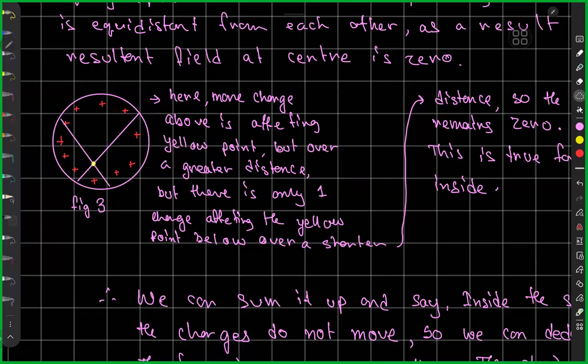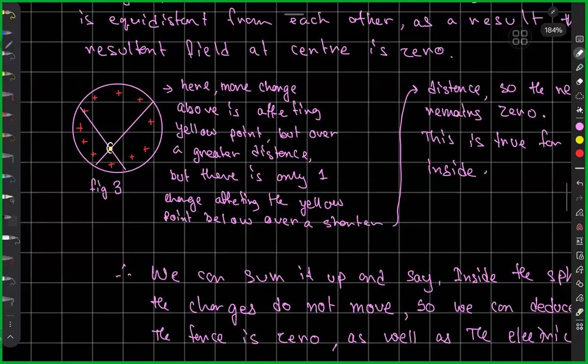But notice one thing. I'm going to explain this qualitatively, not quantitatively. Let's say I have this positive charge here, and it feels a repulsion from this positive charge. So it's being pushed in this direction. Now, notice one thing. There are 4 positive charges over here, and they also push the positive charge down.